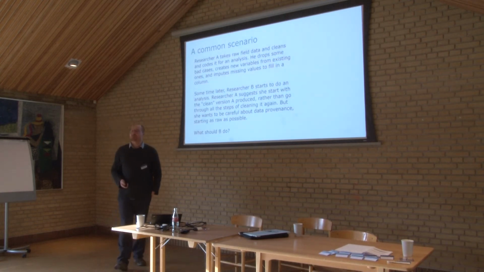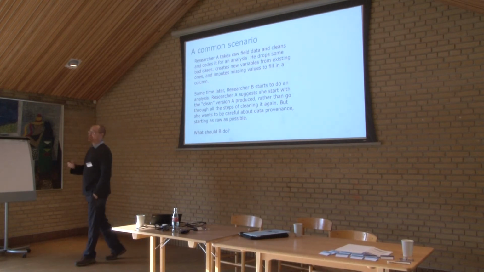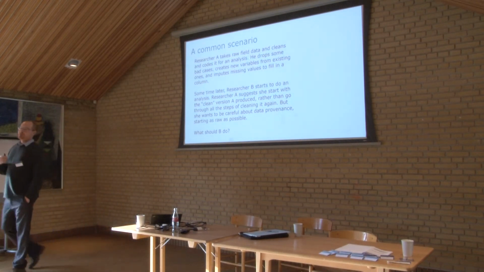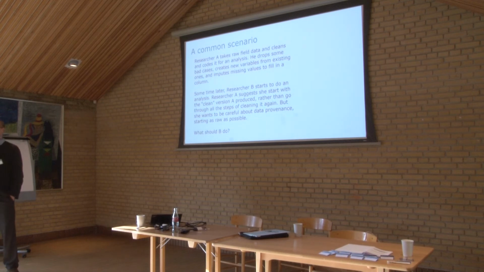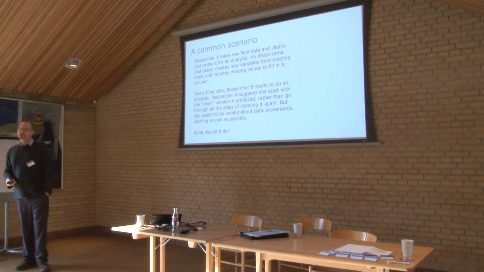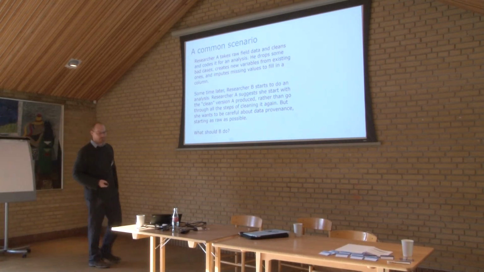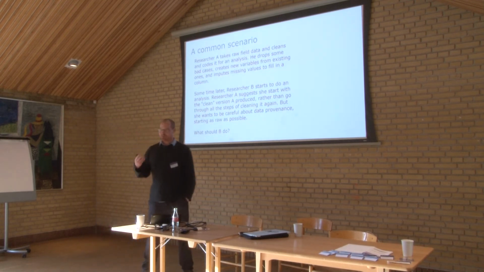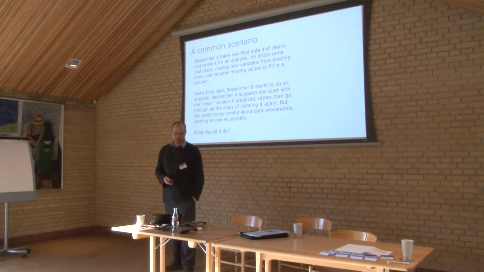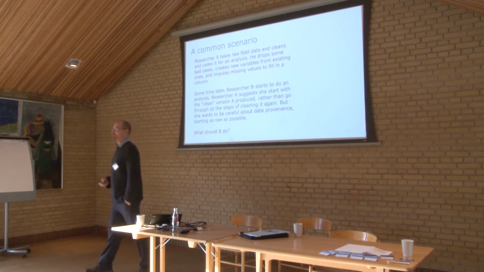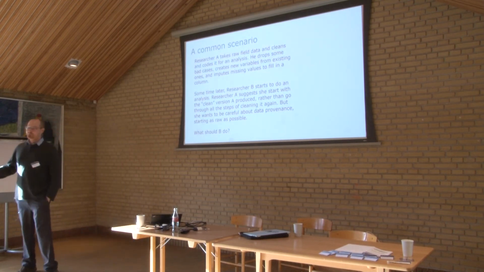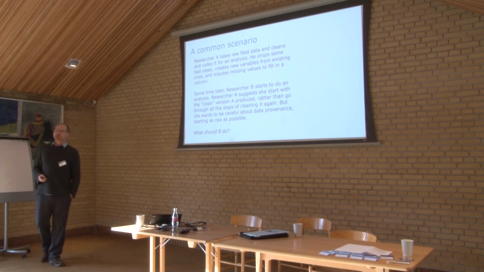Another problem that we often deal with in longitudinal data is that we're revising the data on a regular basis. And so we often use phrases like the cleaned data, the version of the data that you should use. This is a scenario which has come up a bunch, enough for some of us to try to think about what we could do here. So imagine there's a particular researcher who's using the data for one paper. They pull out the variables they're interested in.